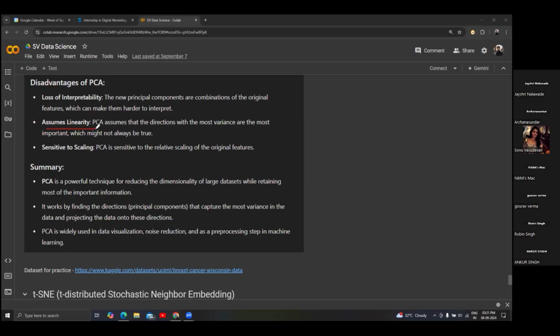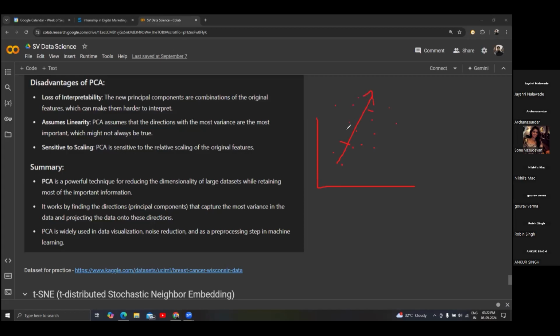Assumes linearity. PCA assumes that the direction with the most variance is the most important. Yeah, as we made yesterday also, suppose your data is showing a lot of variance in this direction.